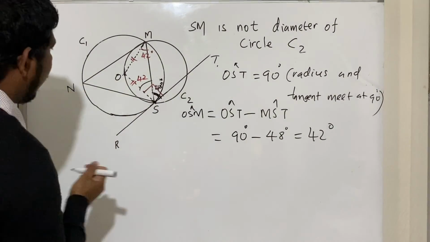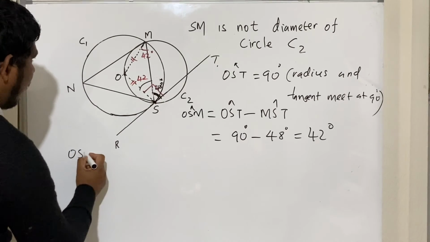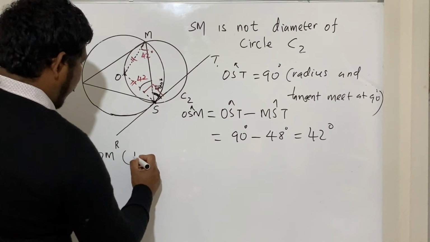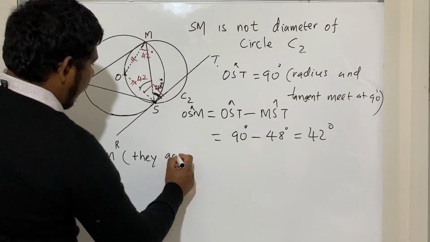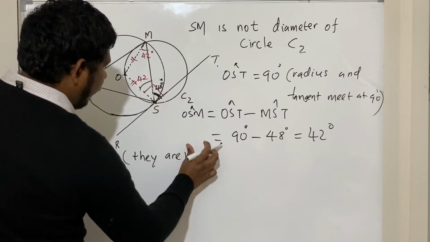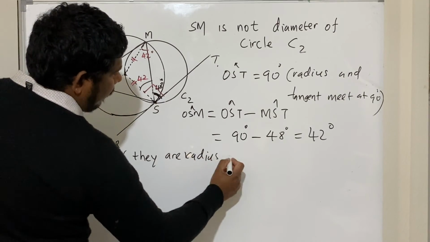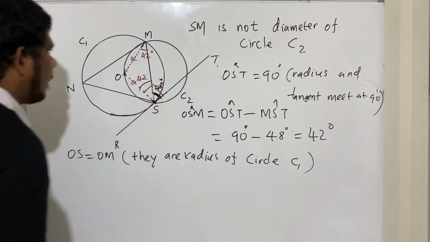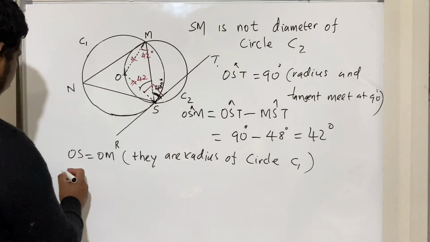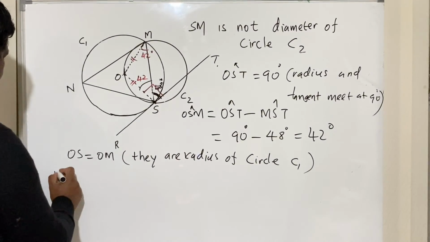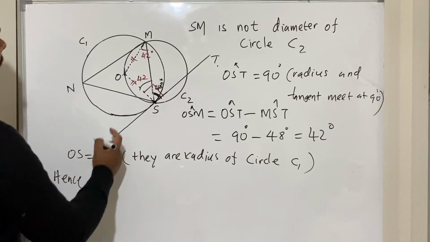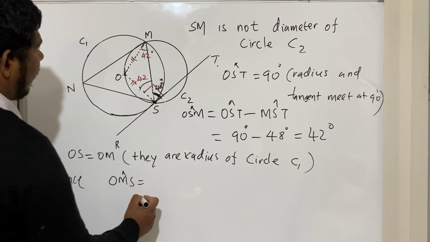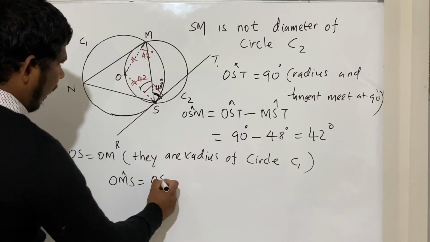So we can tell OS equals OM because they are radius of circle C1. Therefore, hence angle OMS is equal to angle OSM.